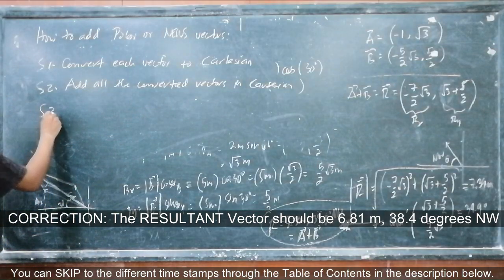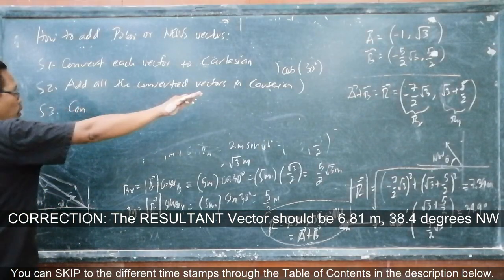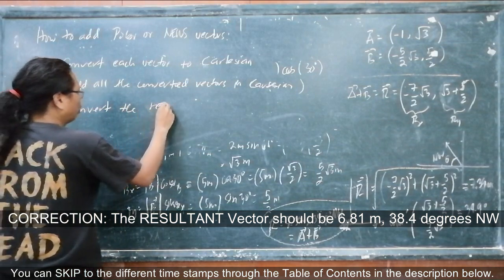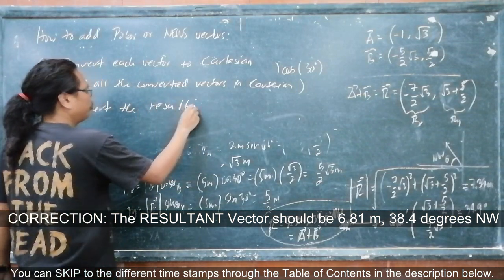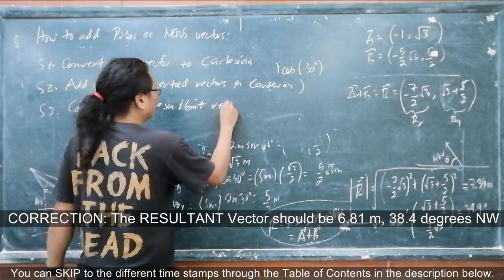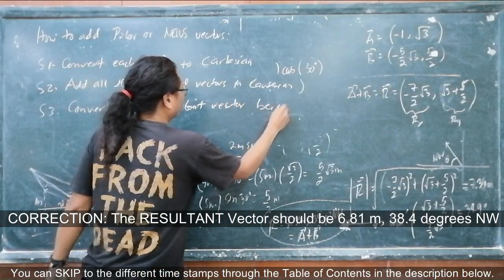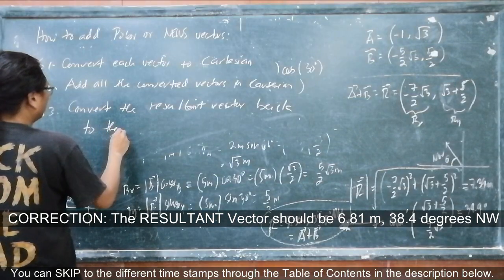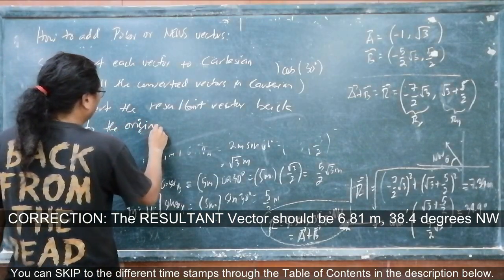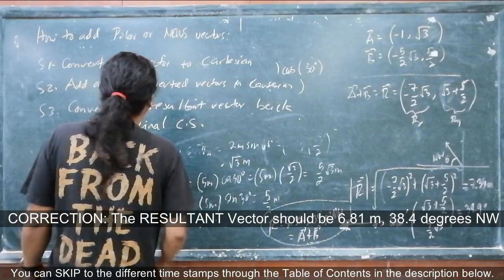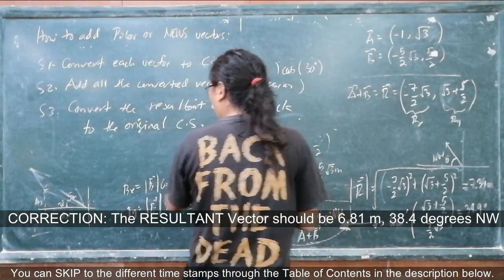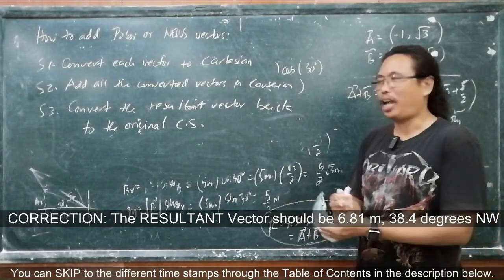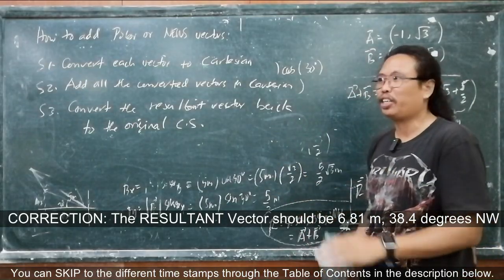And then step 3 is, of course, you now have the sum. Convert the resultant vector, which is the sum, back to the original coordinate system. Well, if your coordinate system is already in the Cartesian, you don't need to convert it. It's easy to add vectors in the Cartesian.